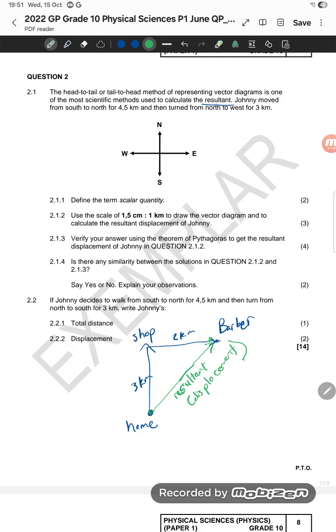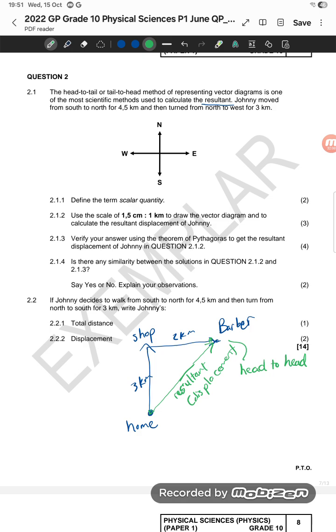Can you see? My displacement or my resultant is head to head and tail to tail. Okay. Head to tail, tail to head. Method of representing vector diagrams is one of the most scientific methods used to calculate the resultant.